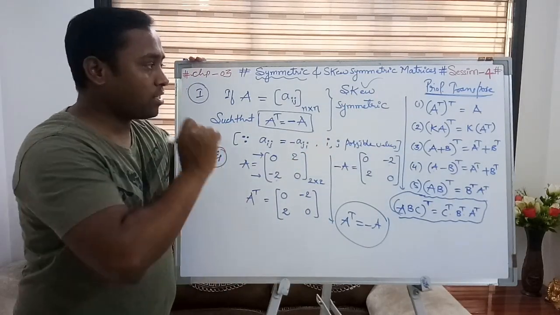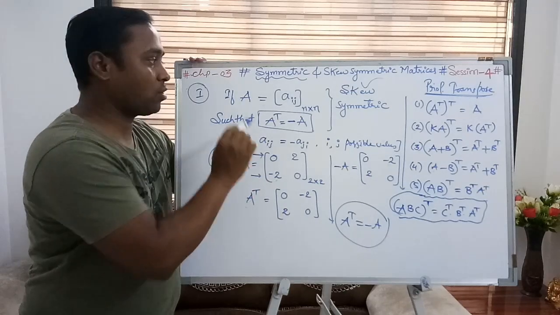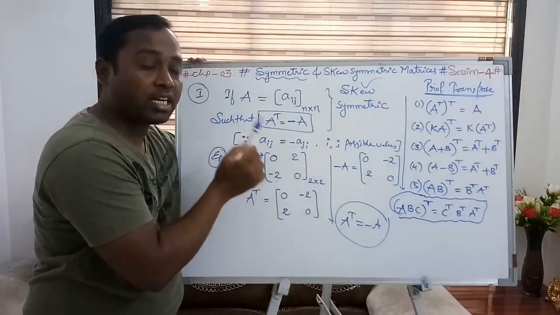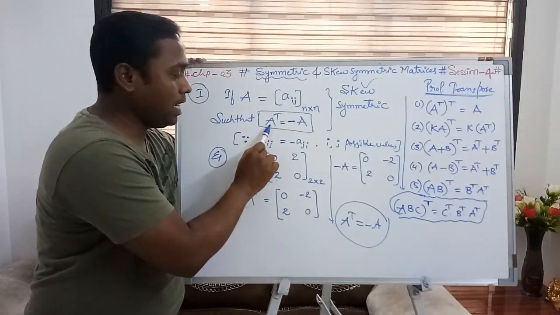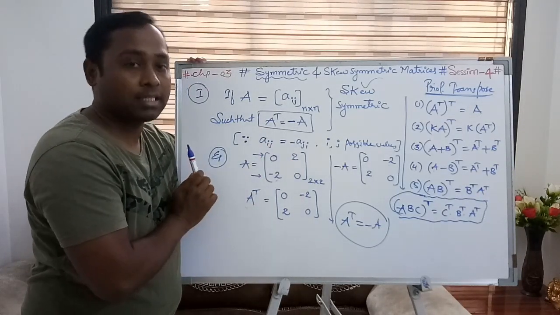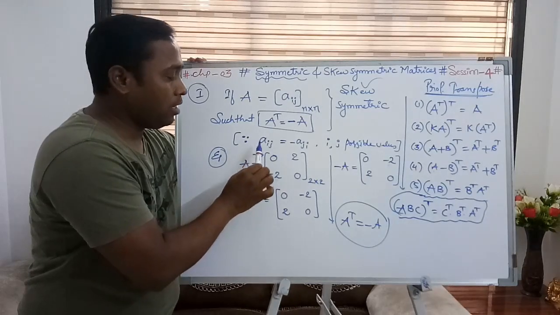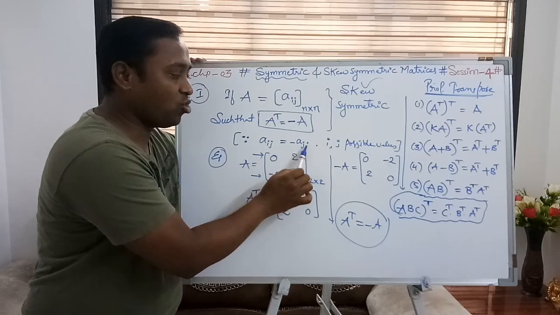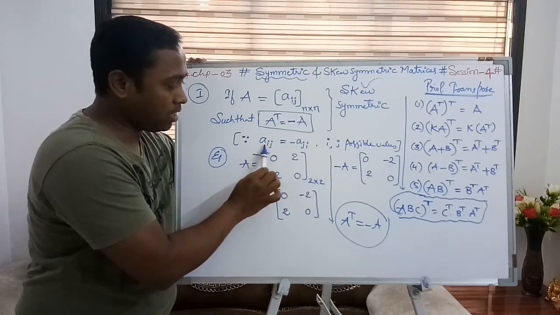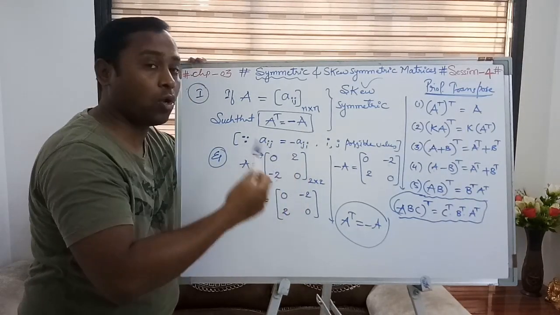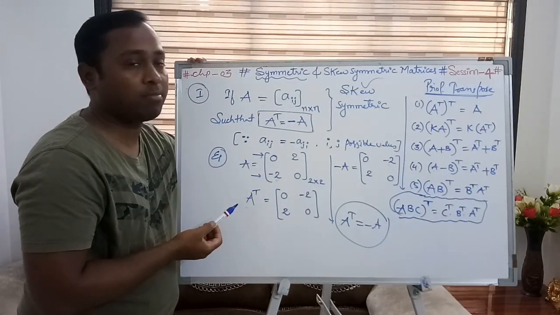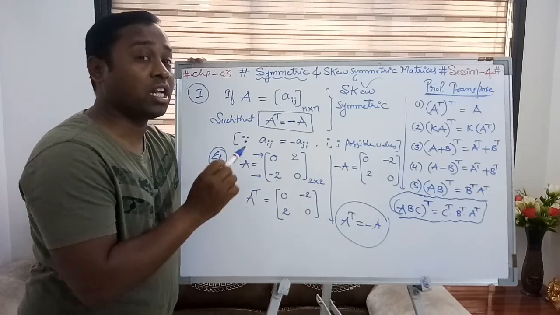I repeat, a square matrix is said to be skew symmetric if it satisfies the condition A transpose is equal to minus A, where every element Aij becomes minus Aji. They are reversed, and the sign also changes. So this is the second type of matrix based on the transpose concept.